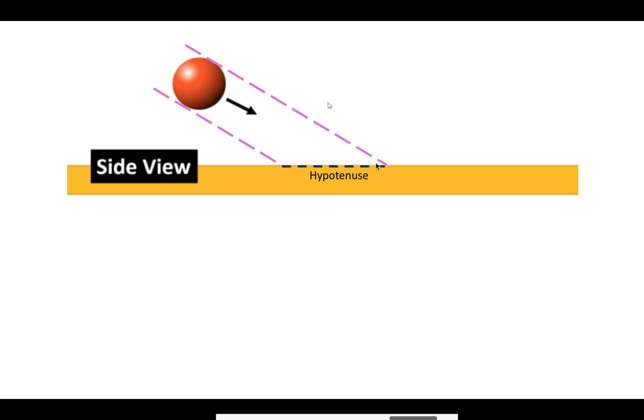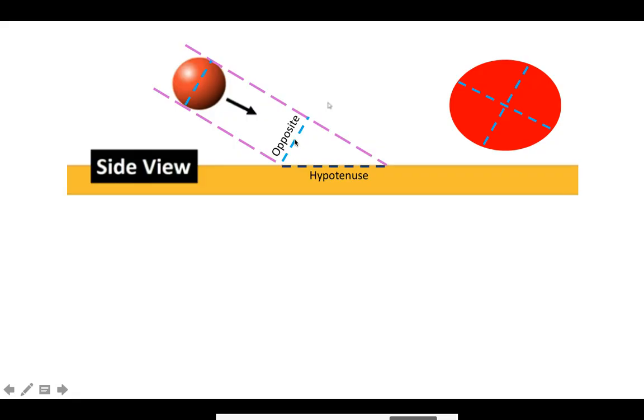Now that it's going to turn into that oval shape, there's something else that we also need to look at. Another thing I want to point out is that a blood droplet is circular while it's flying through the air. Now the width of that blood droplet is what makes our opposite side. Okay, so this is our opposite side of our triangle, and you can see how that actually makes our right angle right here for us.